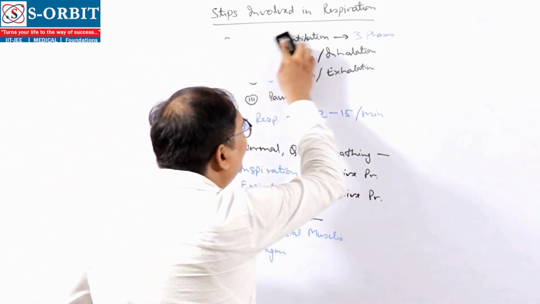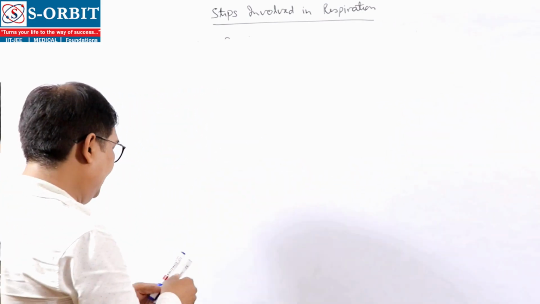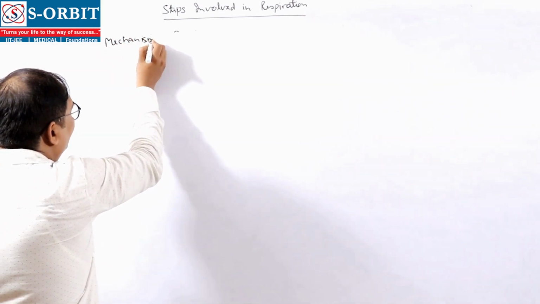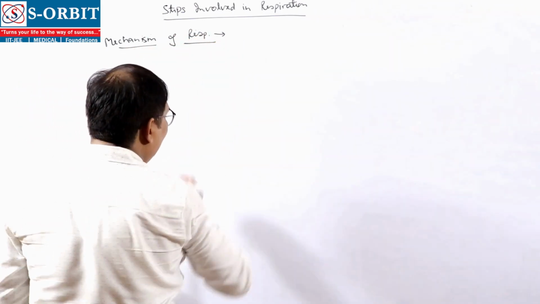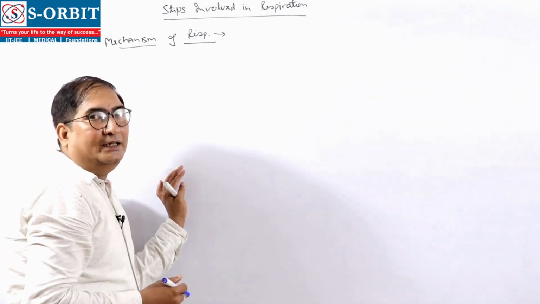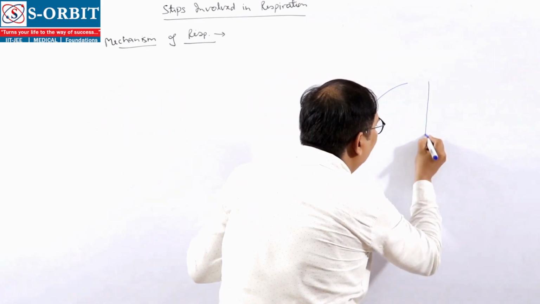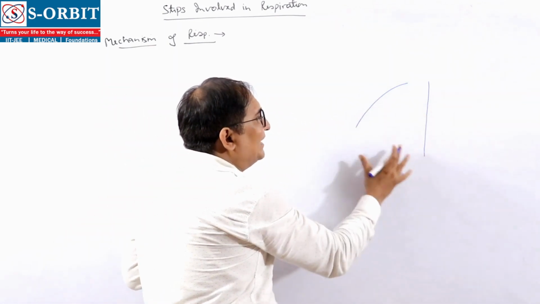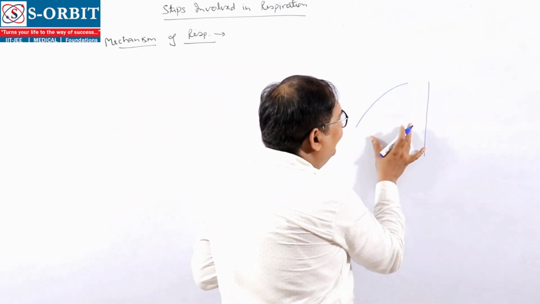Now let us talk about the mechanism of respiration. What happens during a normal respiration? Before we see that, we have to take the help of the structure of the thoracic cage or thoracic cavity.